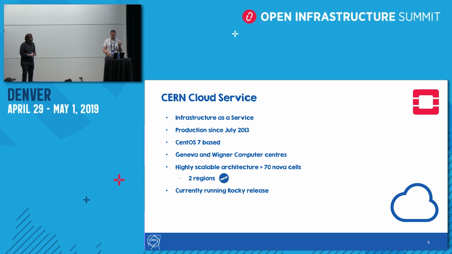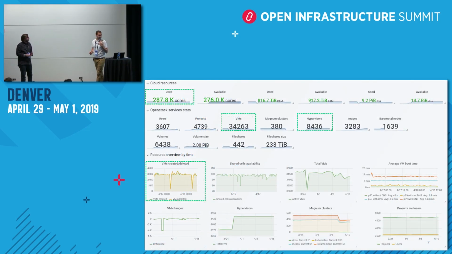If you look at the status of the cloud now, we have around 300,000 cores, in 8,000 to 9,000 hypervisors, and 35,000 VMs.